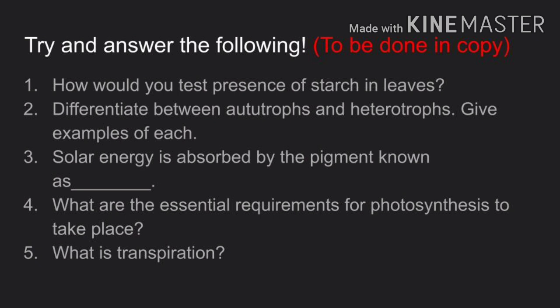The structure of stomata, you have to memorize it, and the reaction that is taking place in photosynthesis, that is carbon dioxide and water react in the presence of sunlight and chlorophyll to give you carbohydrate, and oxygen is released. Okay.